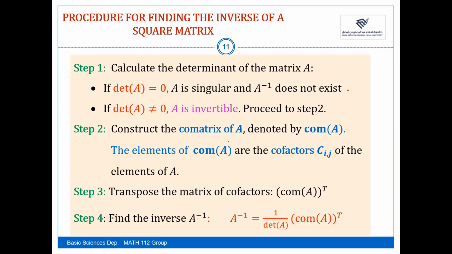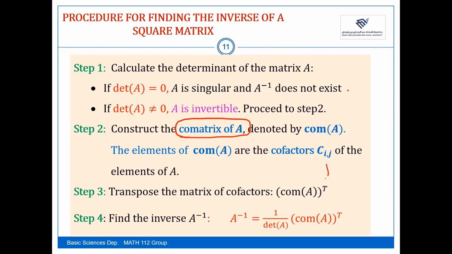In step 2, we construct what we call the co-matrix of the matrix A, denoted by com of A. شو هذه؟ هذه فيها the matrix of cofactors اللي شفناهم في determinant before.